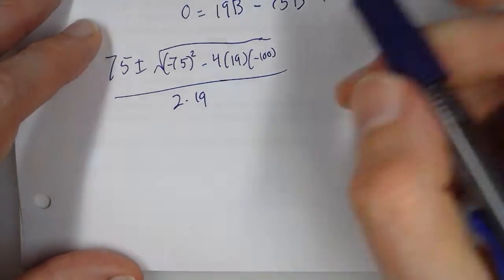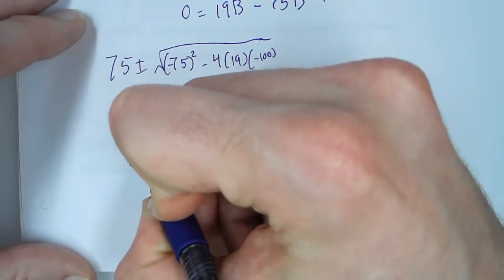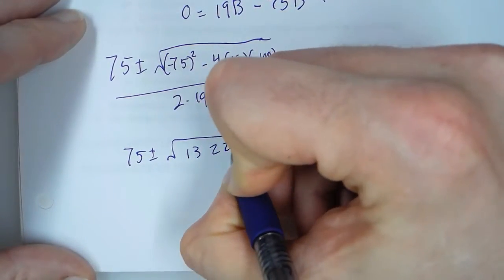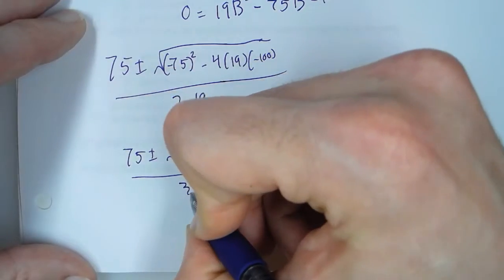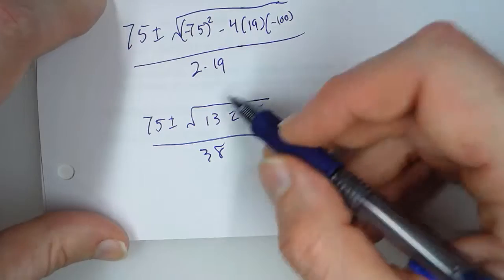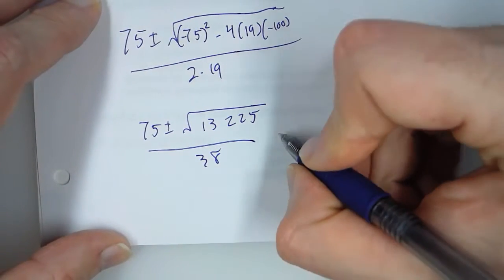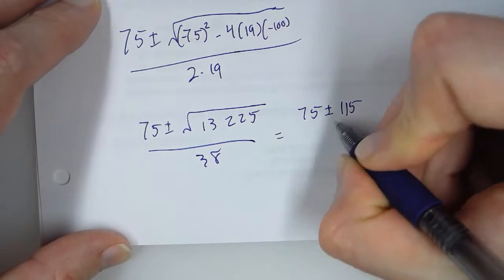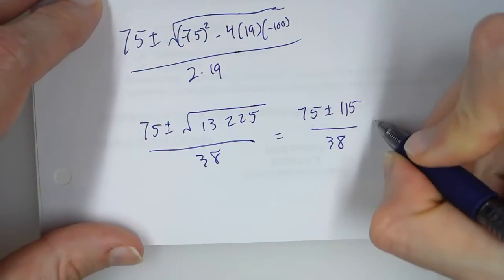So when we simplify this, and you should do this one on your calculator, you're going to get the square root of 13,225 over 38. And likewise on your calculator, you want to take this square root, and you get plus or minus 115 over 38.